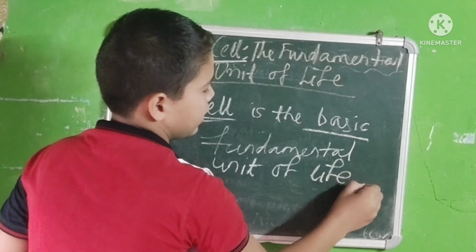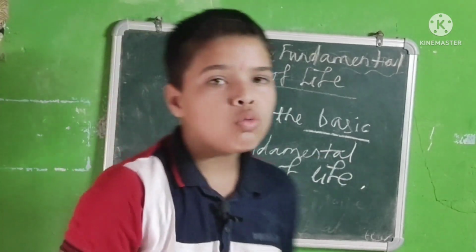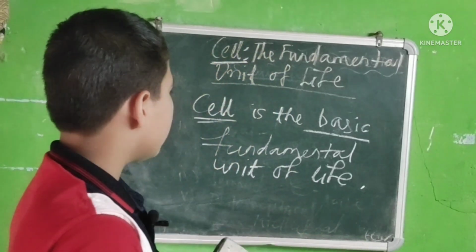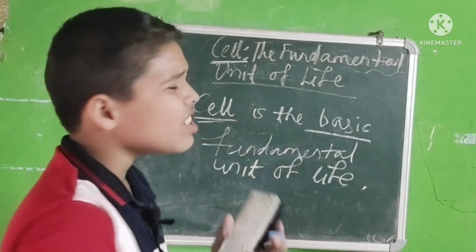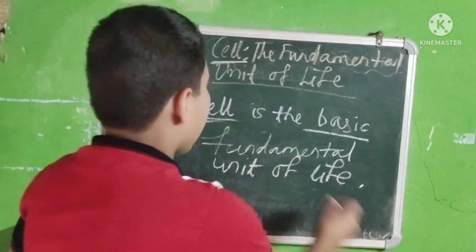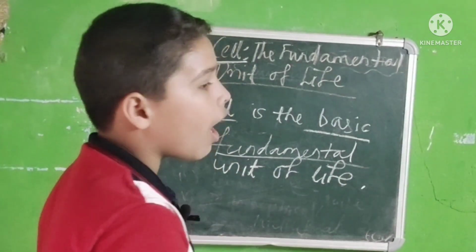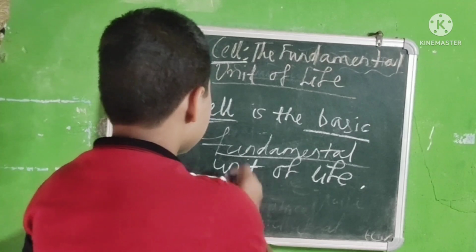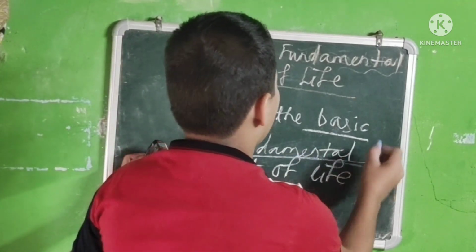Considering this definition, what do we know? We know that a cell is just a basic thing, just fundamental, that means base. We are made up of cells, and that is the base of our life.